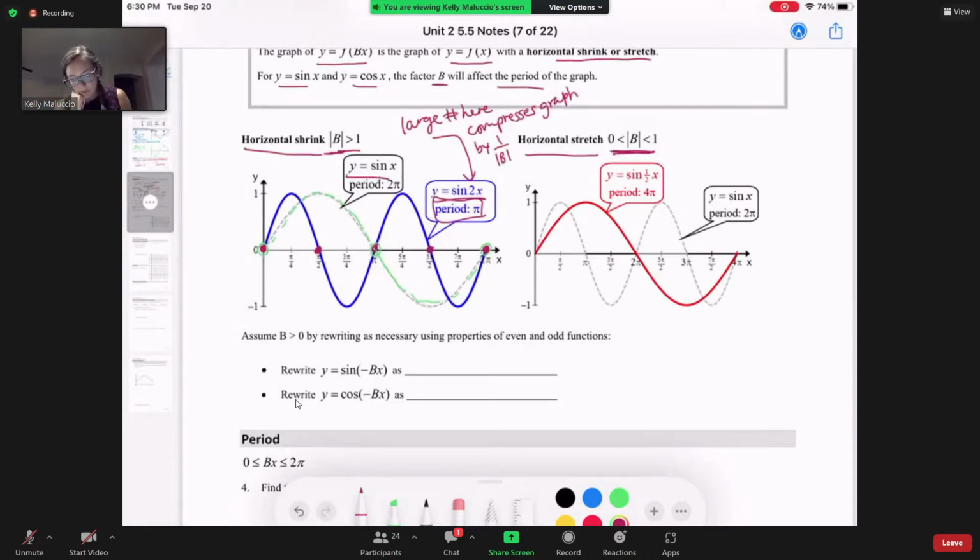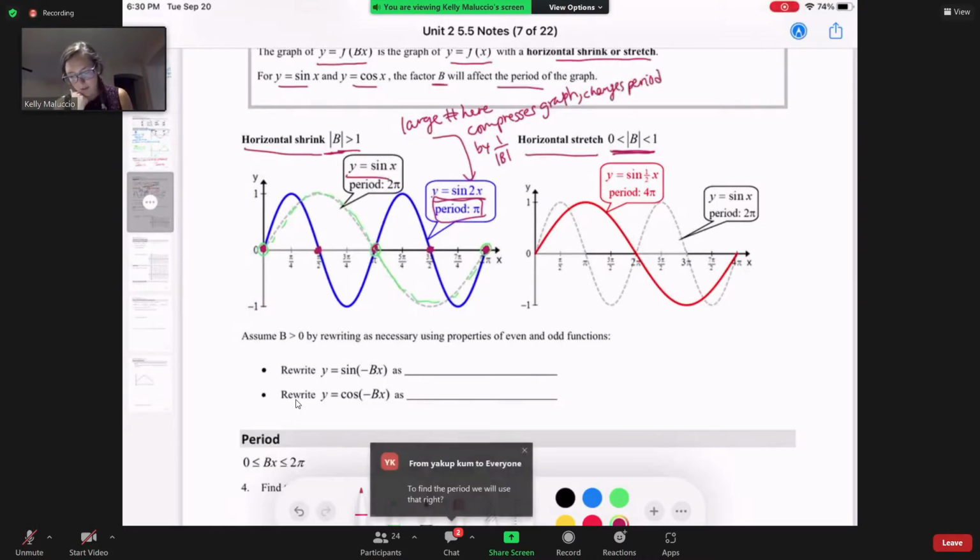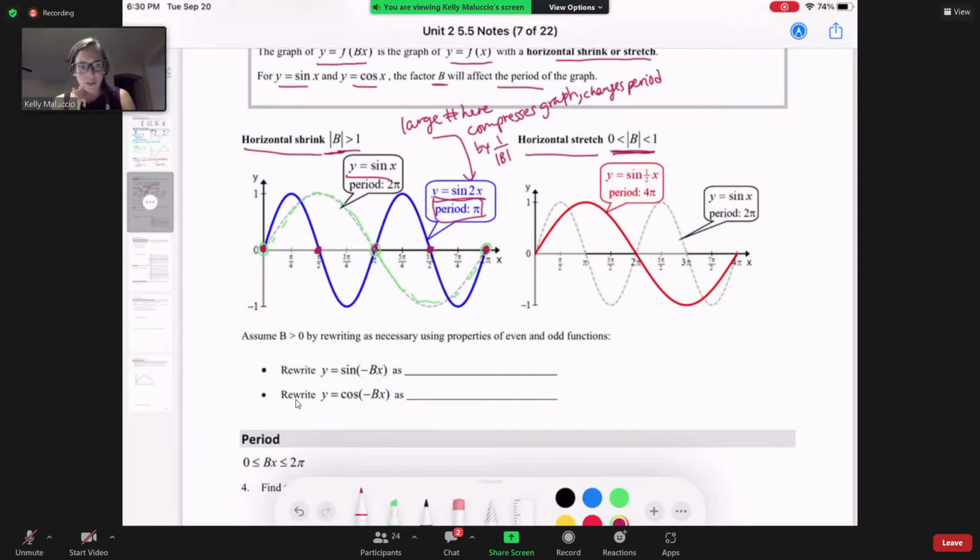It changes the period by that. To find the period, you would do 2 pi divided by the absolute value of b. I think we will write that equation out at some point. Right now we're just learning about it.